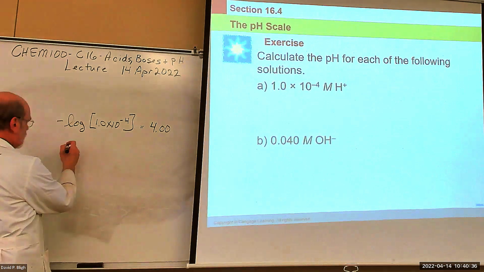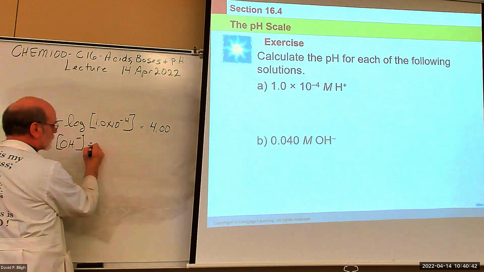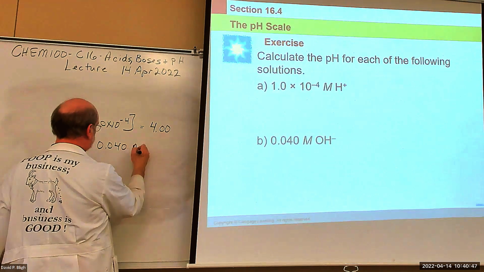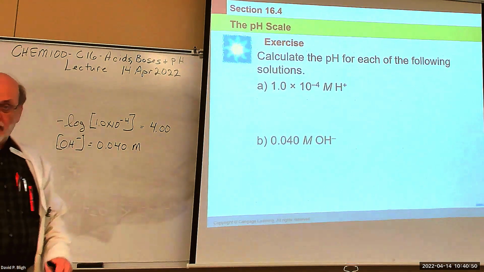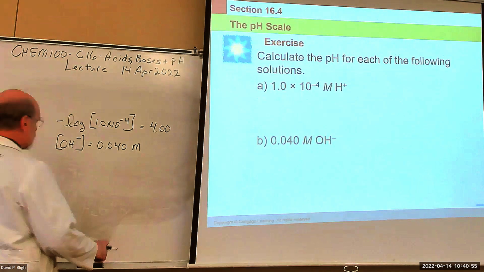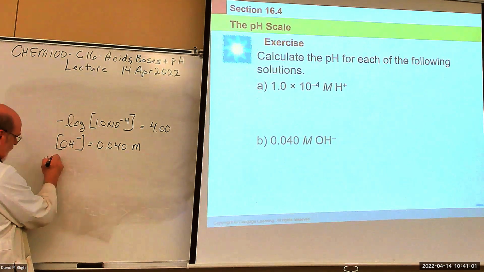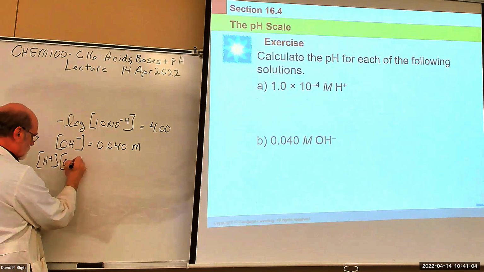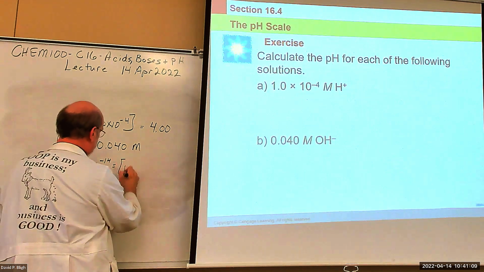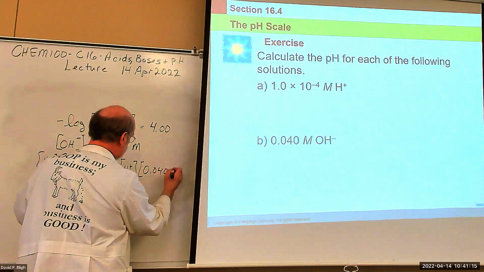How about this one? What's the pH of OH minus equal to 0.040 molar? Well, we need hydrogen ions, don't we? So we would find out what's the hydrogen ion for this one? Remember that this expression is always working. 10 to the minus 14 equals hydrogen ions times 0.040.